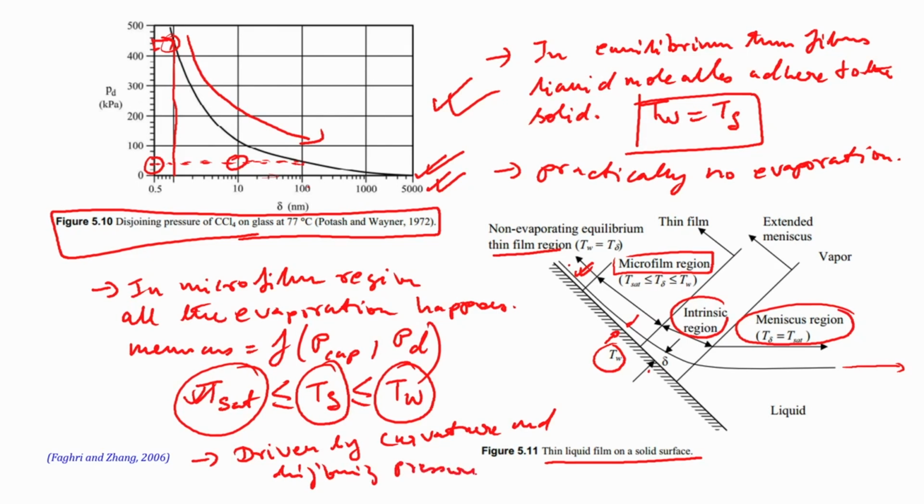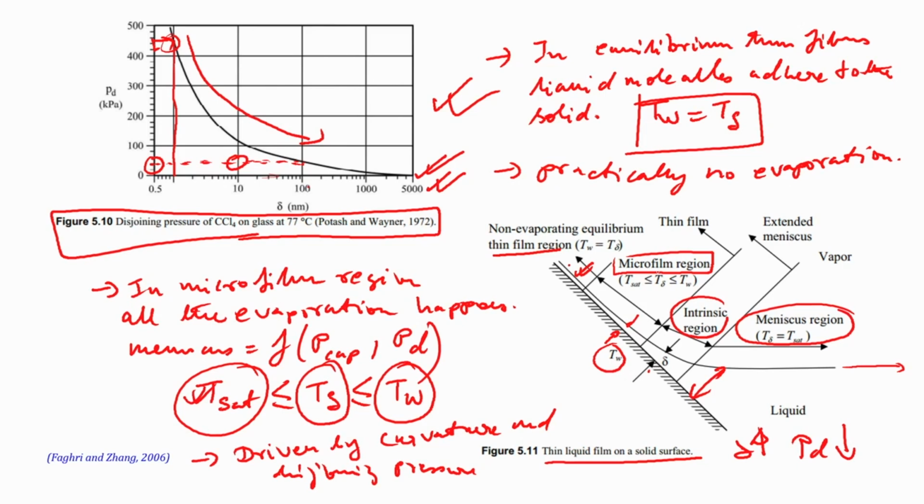Subsequently, as the thickness grows, as delta increases, the disjoining pressure naturally comes down. So, in the microfilm region you actually have flow and evaporation, and here both the curvature as well as the disjoining pressure play a role.